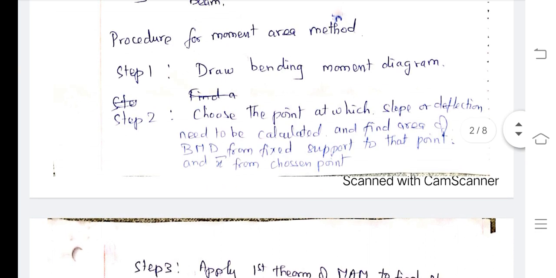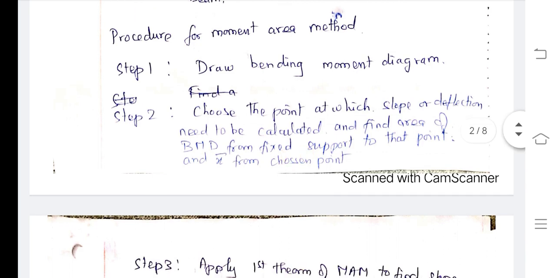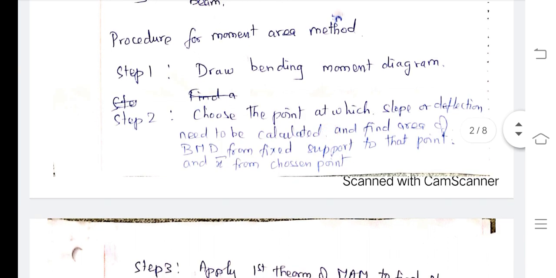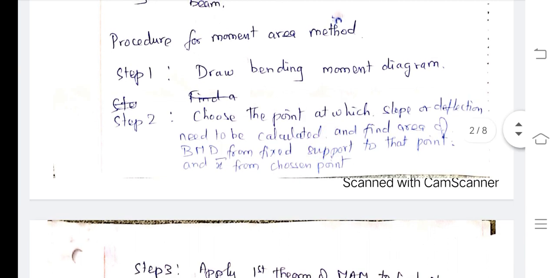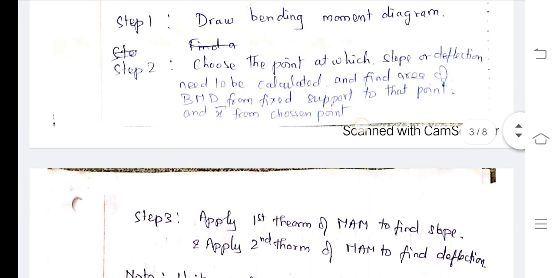Which means you have to choose 2 points on the beam, and between the 2 points you have to calculate the area of the bending moment diagram, and you have to calculate the CG distance, that is x bar.